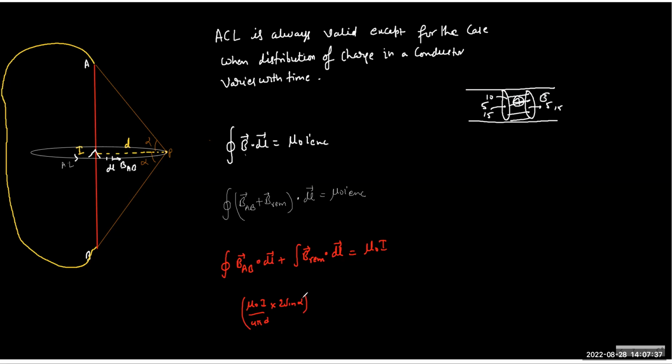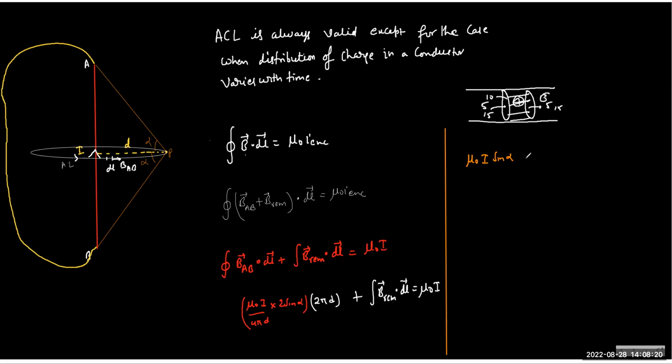If you add all dl across the perimeter, what you get is the perimeter of the loop, which is 2 pi d. Yes. And then we have the B remaining dot dl, which is mu naught into I.